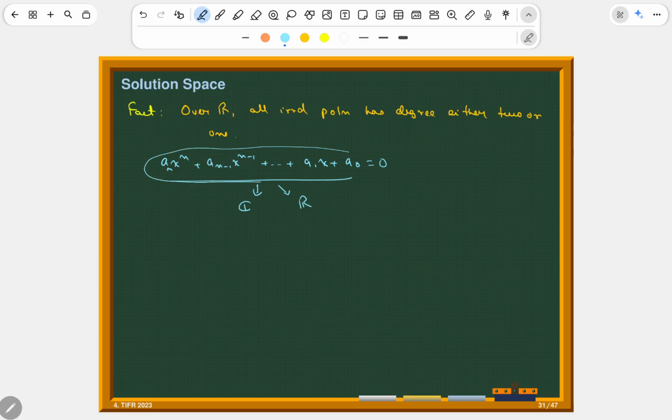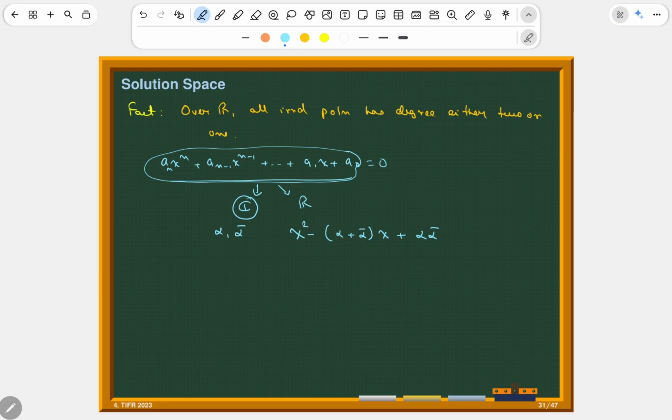So if I assume this to be an irreducible polynomial, then it surely cannot have a root in R. So the only possibility is that all the roots must be in C. And we also know something very interesting, that over real polynomials, complex roots always appear in conjugate pairs. Now if alpha is a complex root of this polynomial, alpha bar is also a complex root of this polynomial. In this case, both alpha and alpha bar are simultaneously roots of the polynomial x squared minus (alpha plus alpha bar) x plus alpha alpha bar.